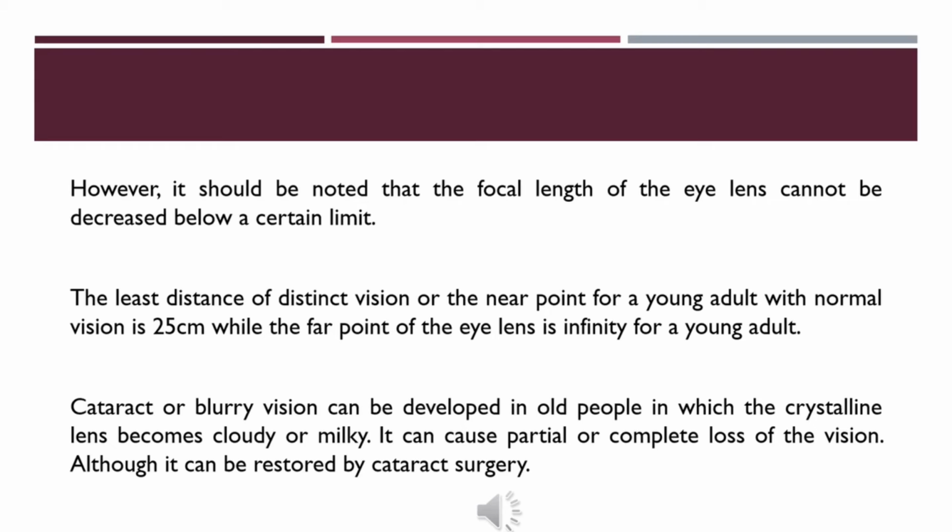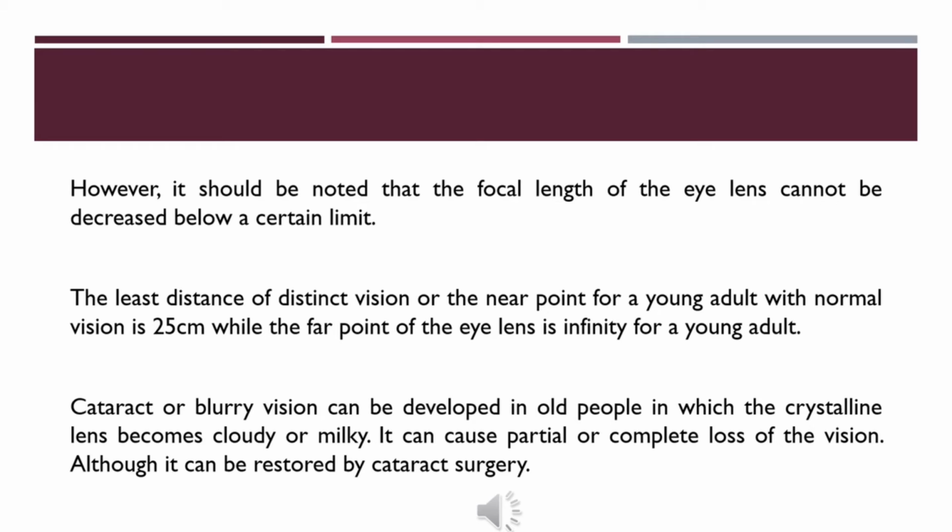So there's always a minimum and a maximum limit that you need to follow in order to see nearby or distant objects. The minimum distance at which we are able to see objects distinctively without having to strain an eye is known as the least distance of distinct vision.